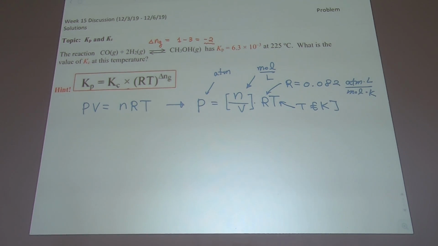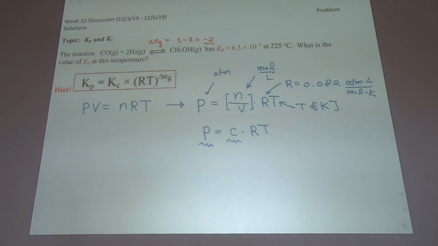So what I'm saying here is that P is a concentration times RT. Right? So concentration and pressure are related, and the offset factor is RT. So that's why you are seeing this RT shown up here, with a delta n followed by this. It's essentially any pressure ratio, any concentration ratio, product and reactant, the ratio of RT shown up in here.